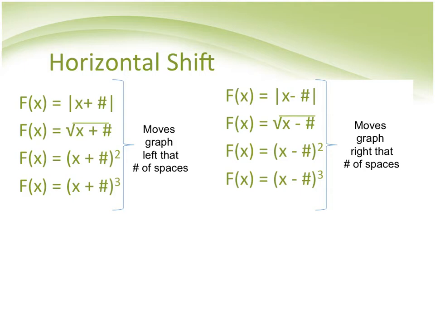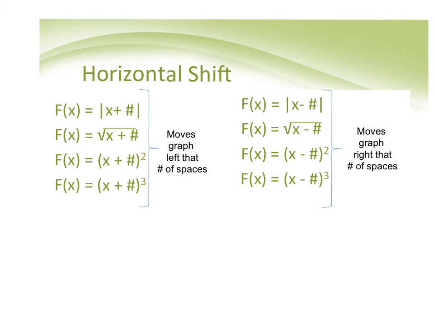Horizontal shift happens inside the function. So if it's inside the absolute value, underneath the square root, inside the parentheses, or in the fraction for the reciprocal function, it would look like this if it was cubic.